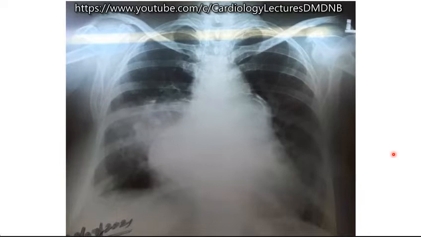What are the situations where the pulmonary artery segment in a chest X-ray will be dilated? One you have already said, post-stenotic dilatation. Idiopathic dilatation of the pulmonary artery. Absent pulmonary valve syndrome.